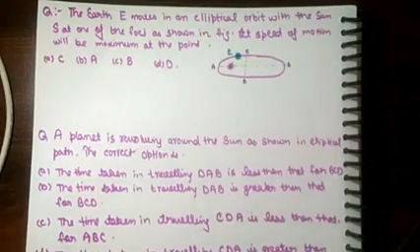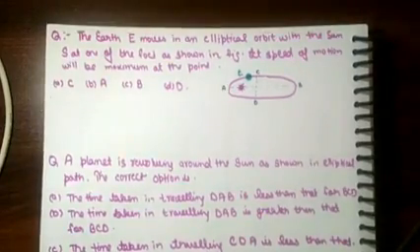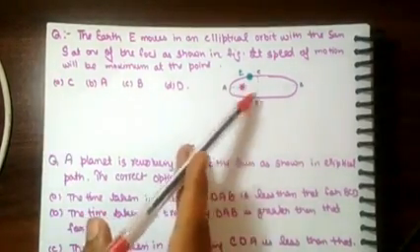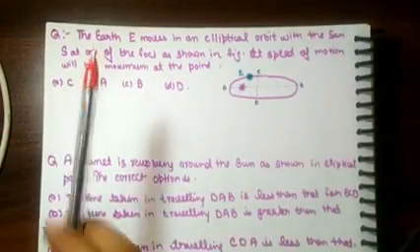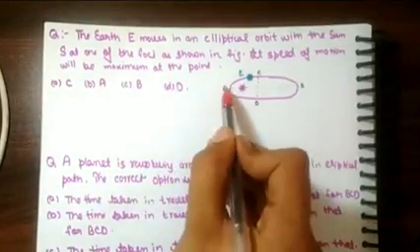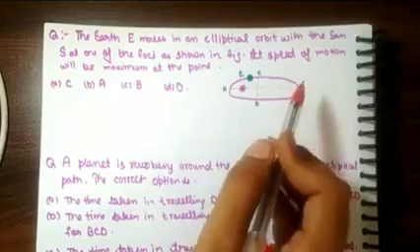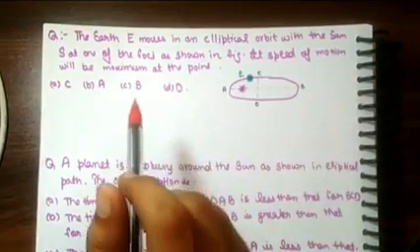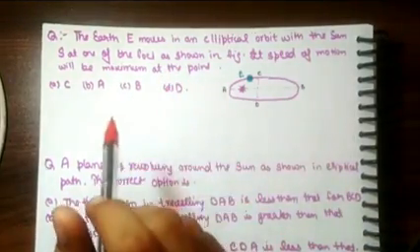Now the third type of problems that we are going to face in Kepler's law will be given with some diagram, and he will be asking, for example, here the position A and here the position B, which will be having maximum speed.